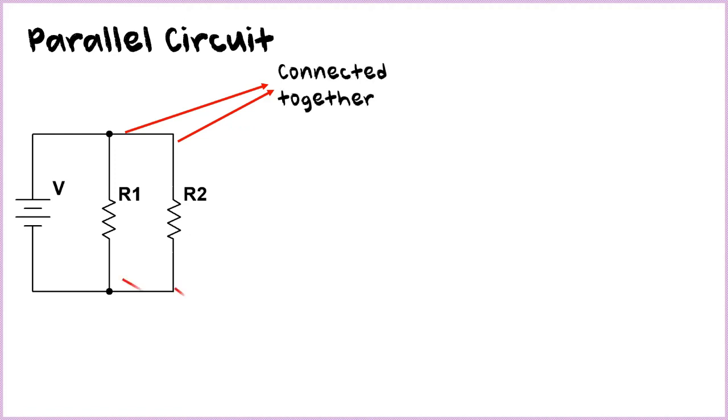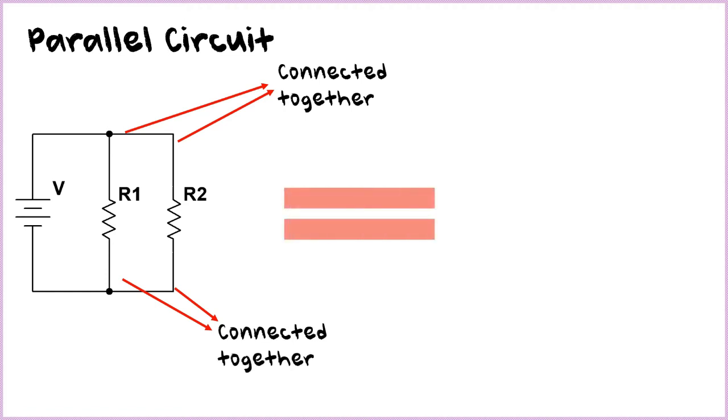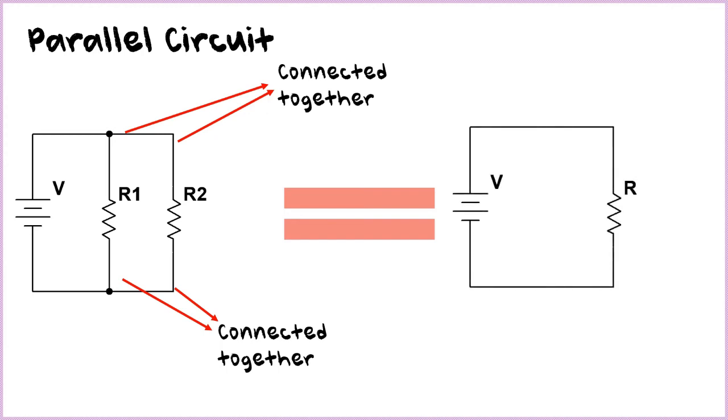And the other ends of our R1, R2 and our voltage source, or the negative side of our voltage source, are connected together. Again, we're going to make the parallel circuit a simple circuit, okay? With just a single voltage source and a single resistance, which is our total resistance.